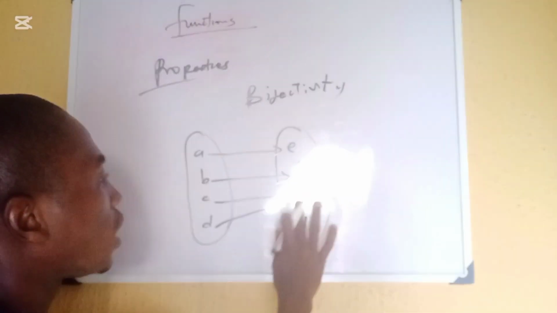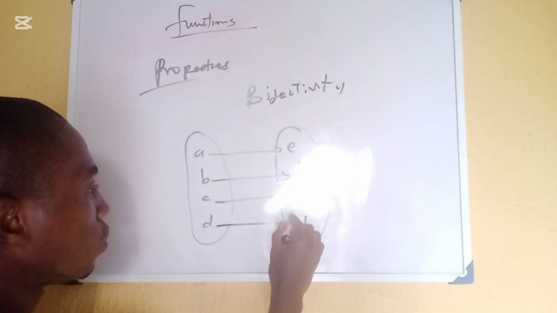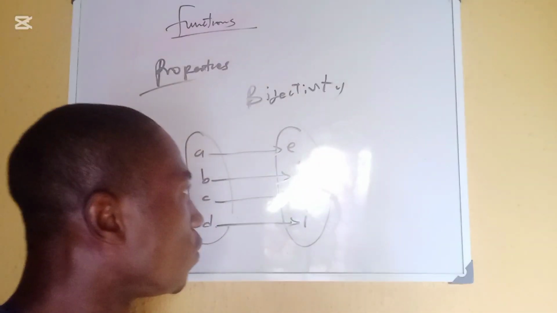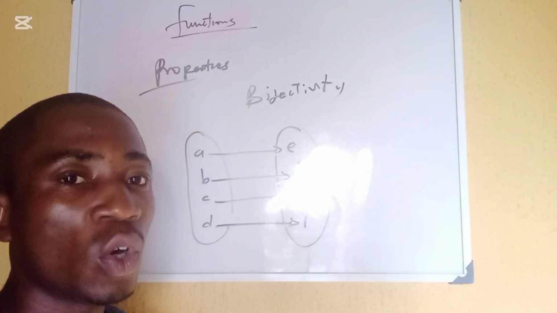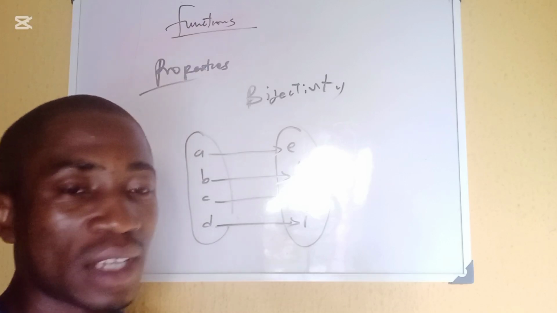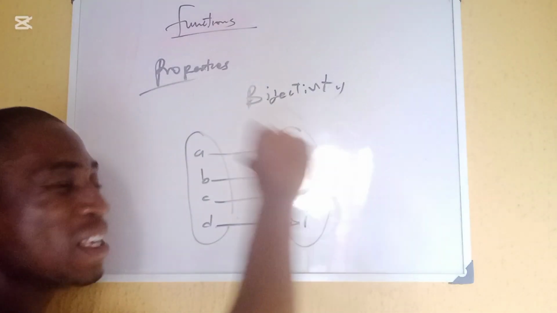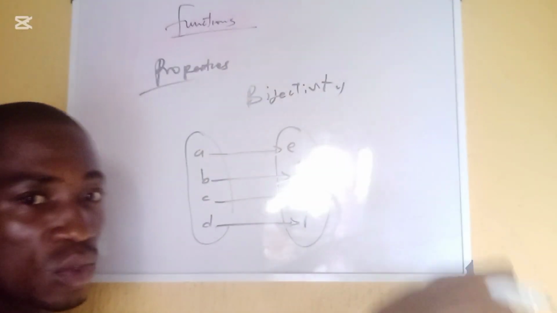Now, this means that for each output, there is only one input assigned to it. That means all the output values must have an input value assigned to them. Then each output value has a particular input value assigned to it, not two values assigned to one.